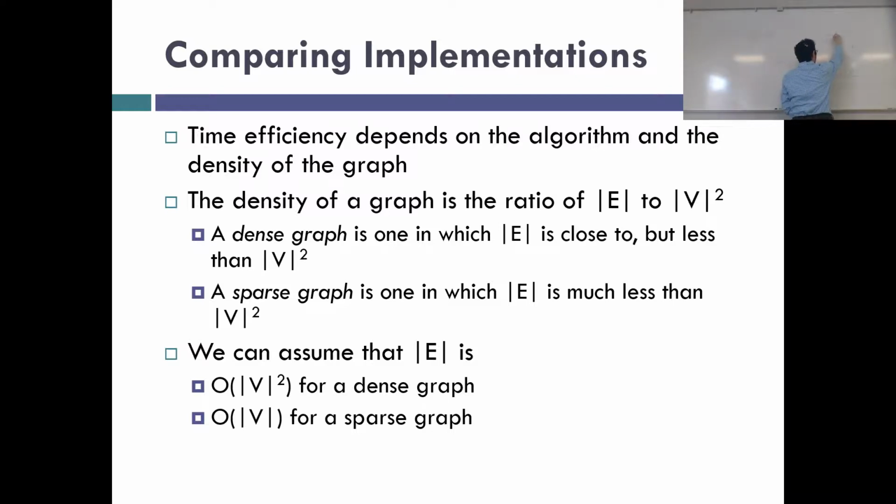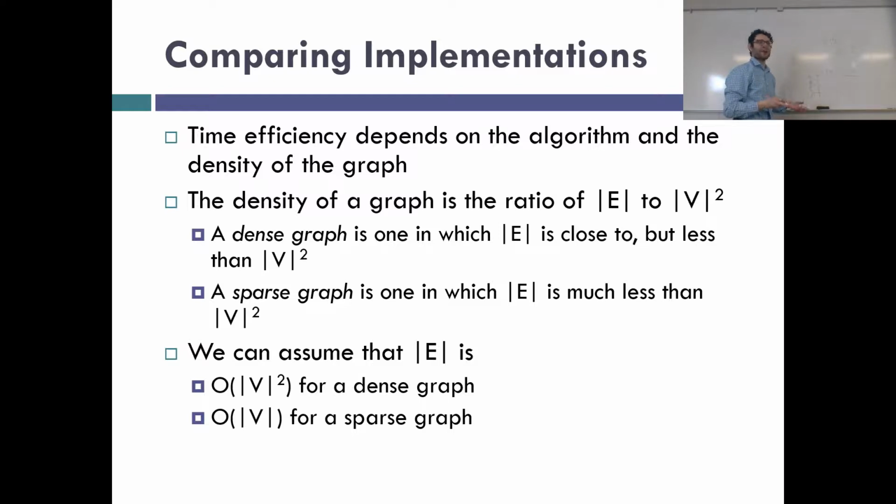So we might have a graph like A, B, C, and D, and then basically everybody else but A connects to D, right? That's what we would refer to as a dense graph, because basically almost all the edges exist.